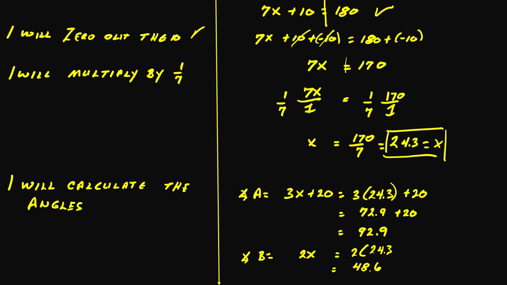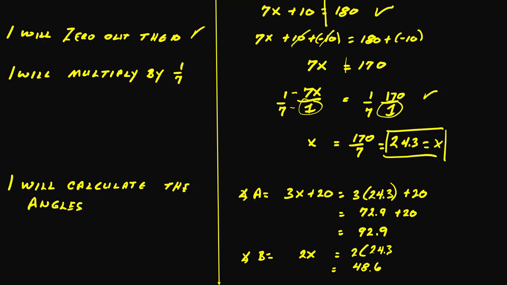And since I multiply the left-hand side of that equation by 1 over 7, to maintain the equality, I have to multiply the right-hand side of the equation by 1 over 7. I typically put these numbers over 1 because I'm going to be multiplying by a fraction, and that just keeps me organized. Remember, to multiply fractions, we multiply straight across.